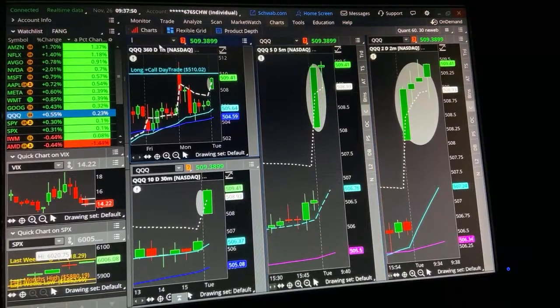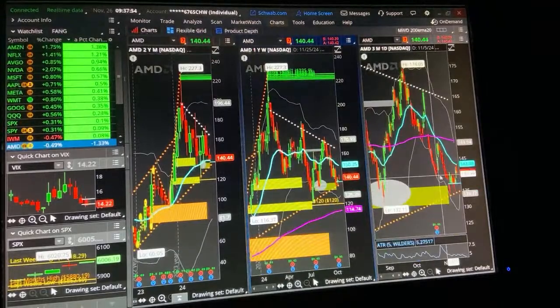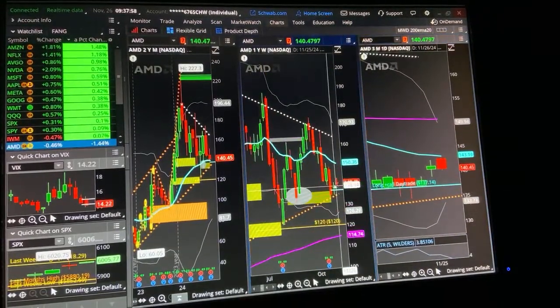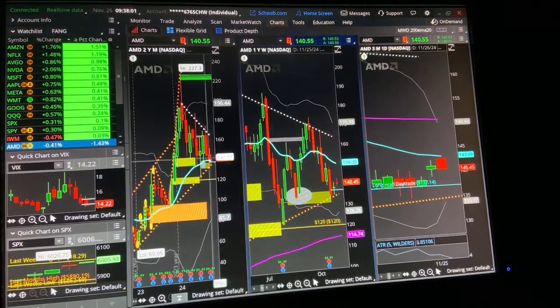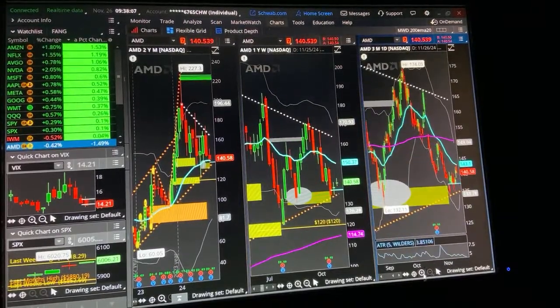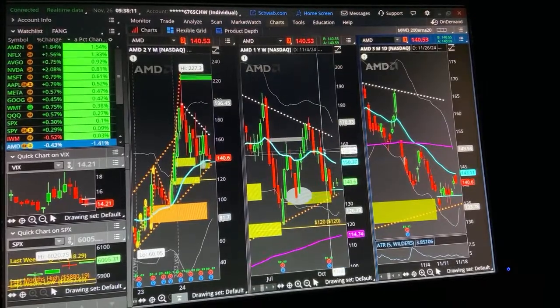AMD, yeah, I'm taking a loss on AMD, about 50 or 90 cents. It's down, but it's just stuck. It's not doing much. Daily's down, but monthly's getting pinched.